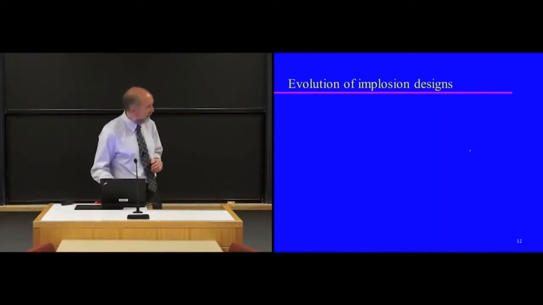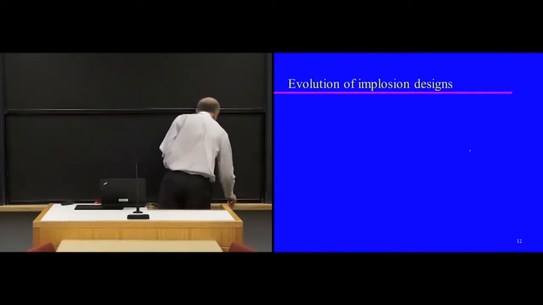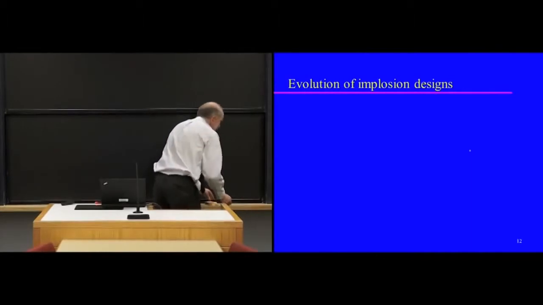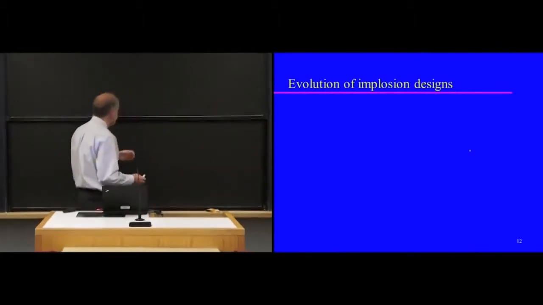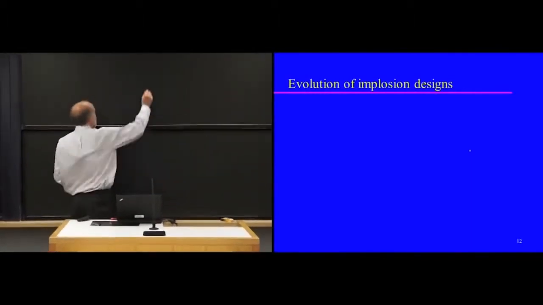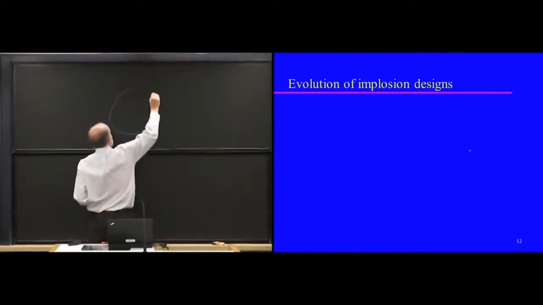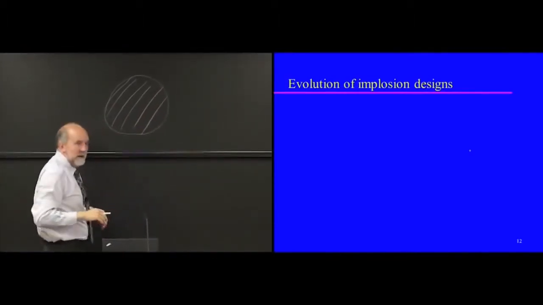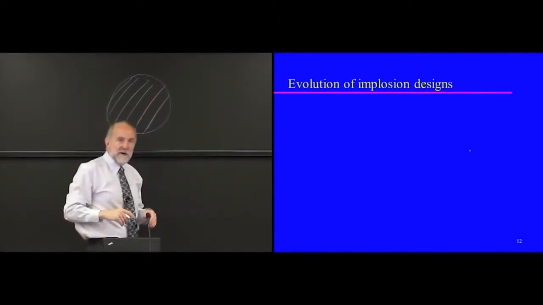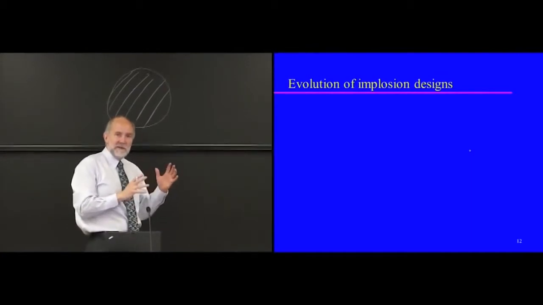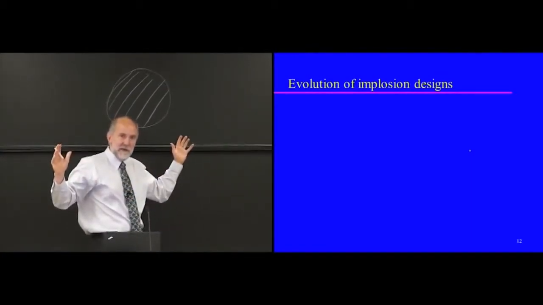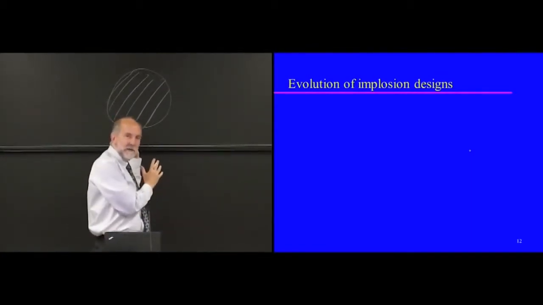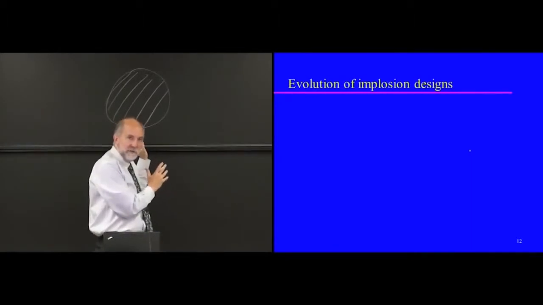Okay, let me talk a little bit about the evolution of designs for implosion bombs, because they have changed over the years. Okay, so the Nagasaki bomb was a solid ball of nuclear material. Okay? Unlike the Hiroshima bomb, which was about 60 kilograms of highly enriched uranium, the Nagasaki bomb was about 6 kilograms of plutonium.